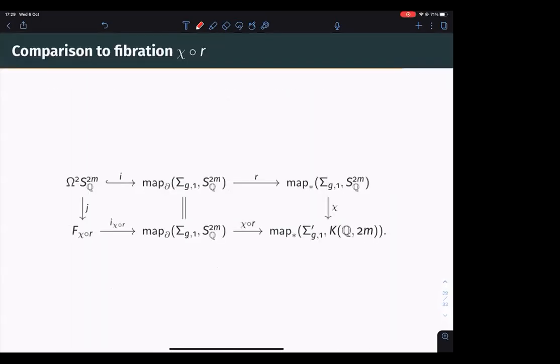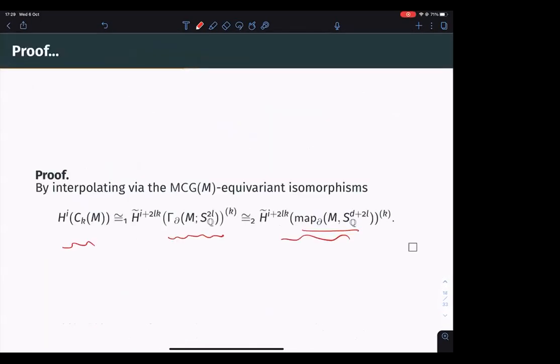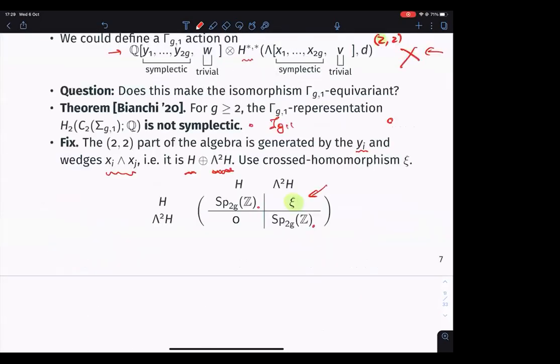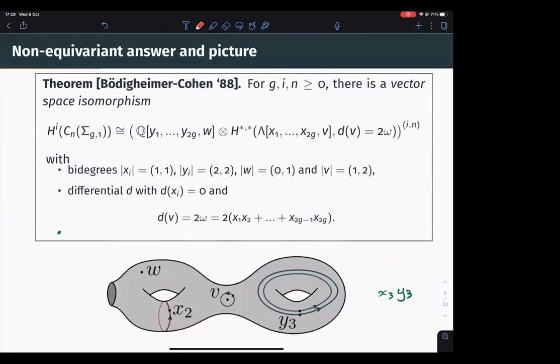Let me go back to why a closed surface is harder. Because this algebra here is generated in degrees 1 and 2, and somehow this is a subalgebra that is a symplectic subalgebra.